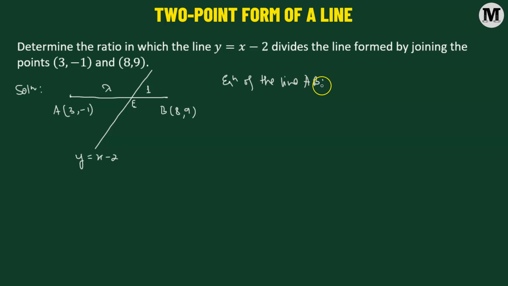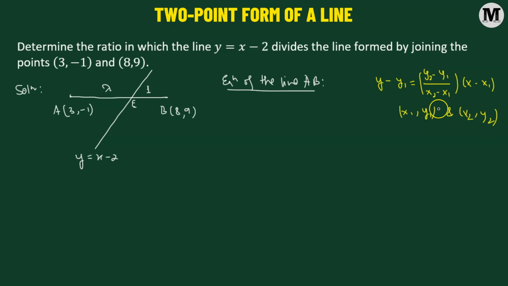Here we will use the 2-point form of a line, which helps us find the equation of a line that passes through 2 points. It's given by y minus y1 equals (y2 minus y1) divided by (x2 minus x1), multiplied by (x minus x1). Here (x1, y1) and (x2, y2) are the 2 points through which the line passes.